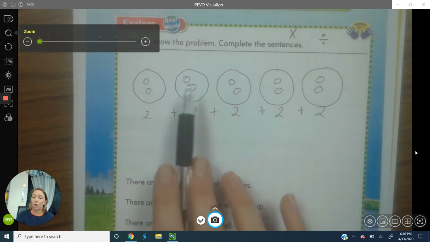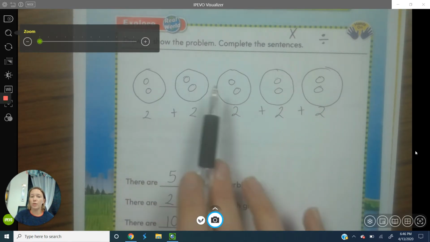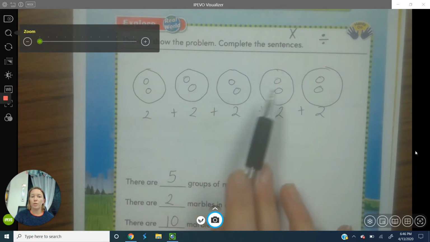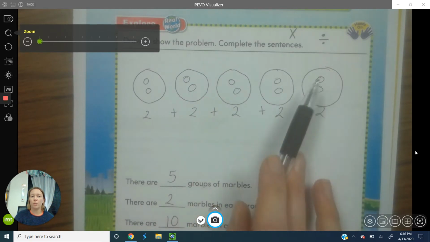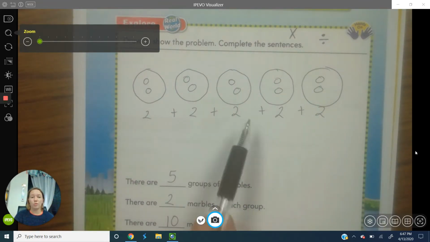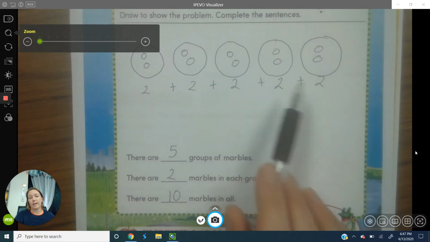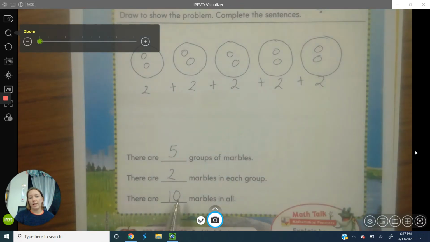And then marbles in each bag: 1, 2, 1, 2, 1, 2, 1, 2. And then all the marbles: 2 plus 2 plus 2. And when you count that up, you get 10. So there are 10 marbles in all. There are 2 in each group, 5 groups of marbles.